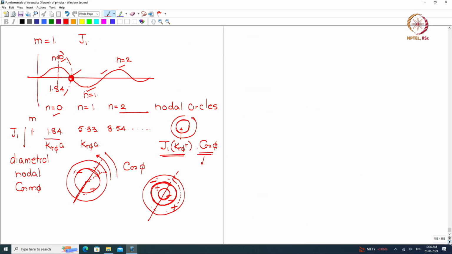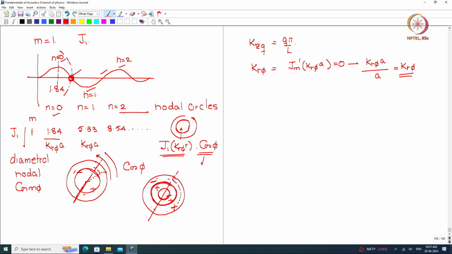Let us see, kzq is q pi by L, and kr phi of course is, wherever Jm dash of kr phi a becomes 0, you pick up that value of kr phi a and then you divide by a if you want the kr phi value.